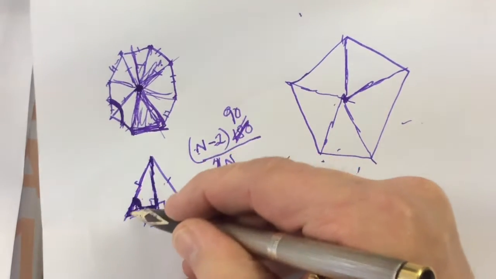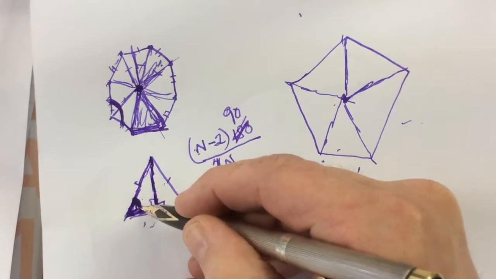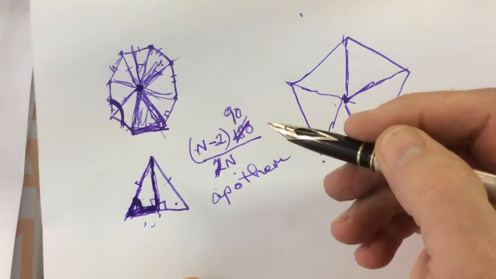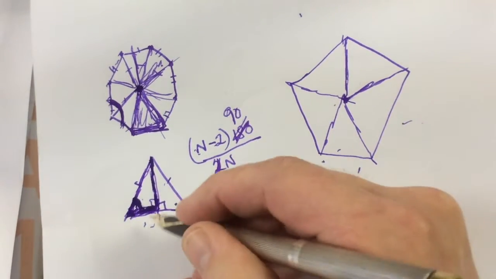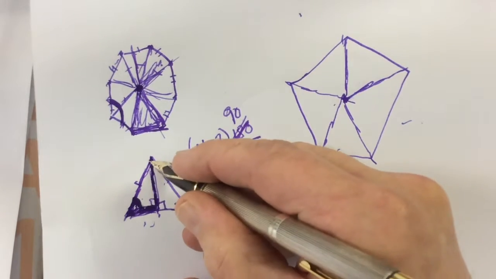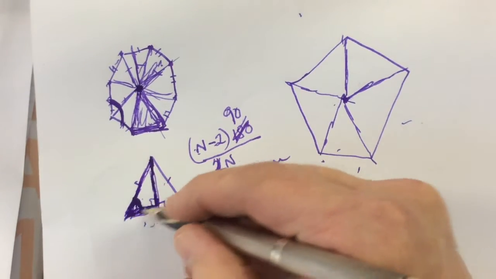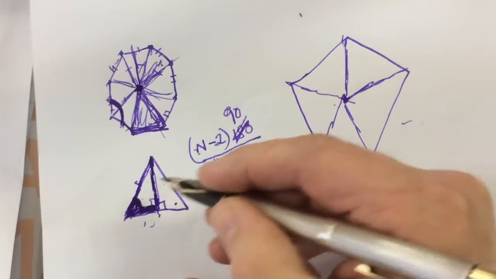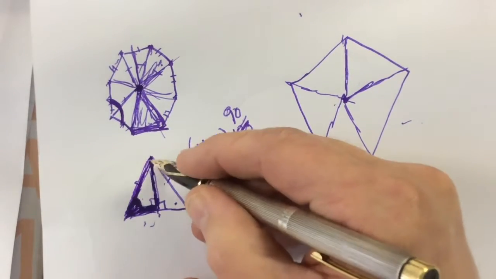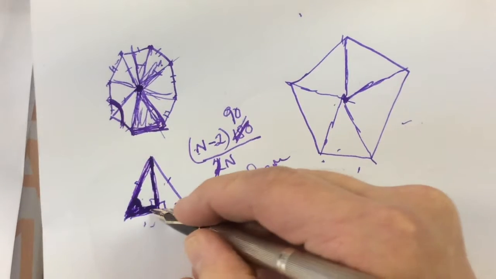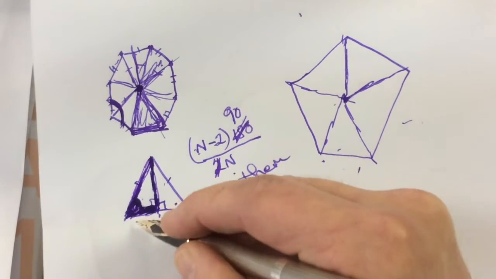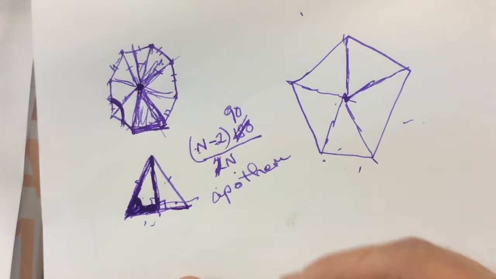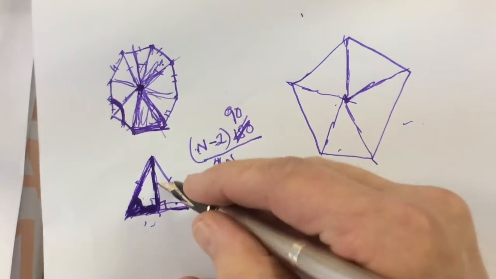If I give you this side right here, you can use that side and this angle to get this and this. If you know how to use trigonometry, you've got everything you need right here. This angle you can figure out. Depending on what clue I give you, the apothem, the radius, or the base, the side length, you can figure out these other 2 lengths.